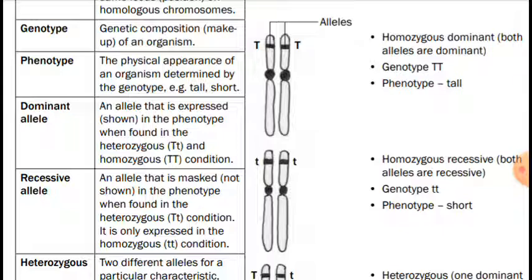Let's say cows: there is a bull and a cow. The bull is dominant and the cow is recessive. The phenotype of that baby will show the father's characteristics, the reason being that the bull had a dominant allele over the mother's allele.